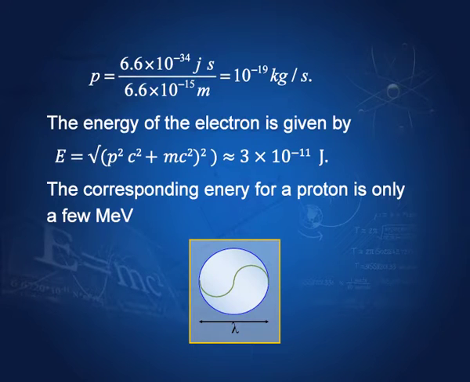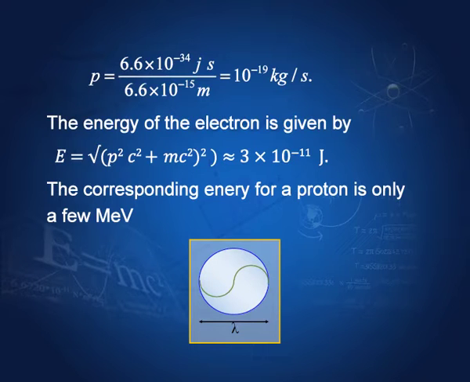If that is the wavelength, we can find the momentum from the de Broglie principle, and we find that the momentum is equal to 10 to the power minus 19 kilogram meter per second. And from this momentum, we can find the energy. You know, the formula for the energy of the electron is the square root of p squared c squared plus m c squared whole squared, which is effectively equal to p c.